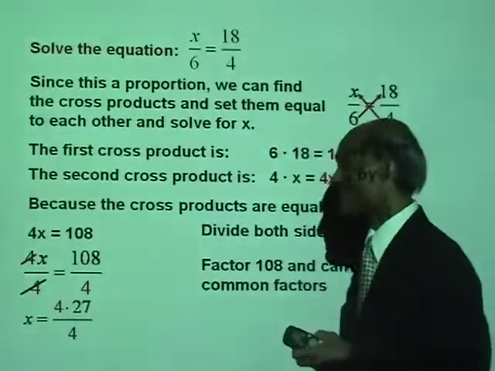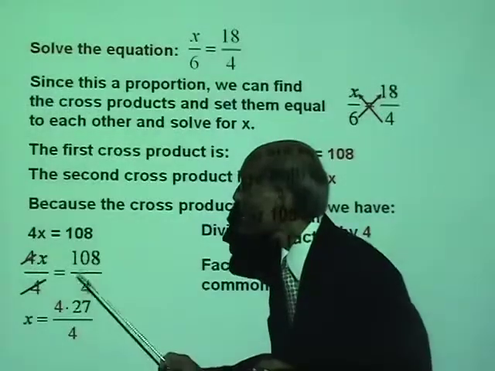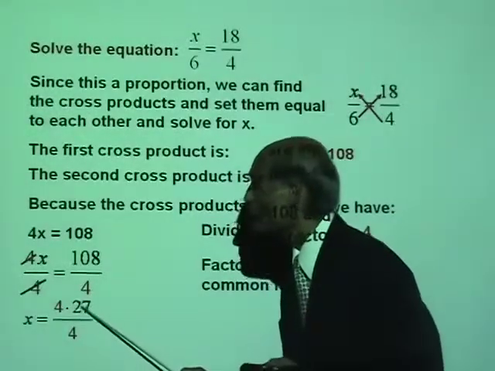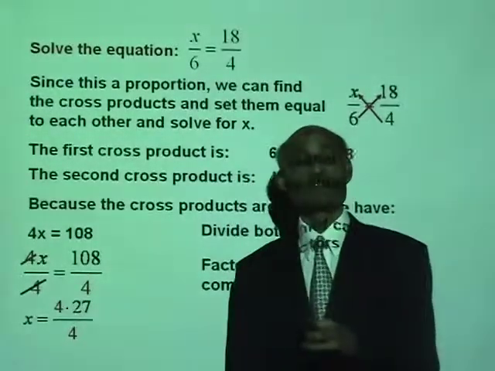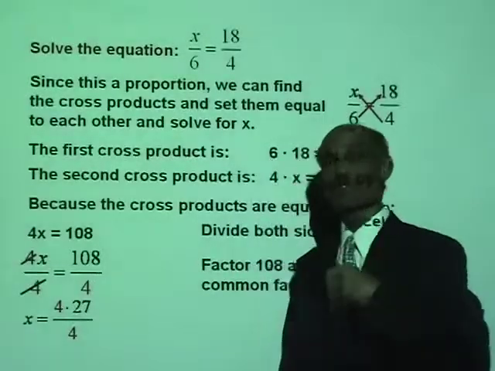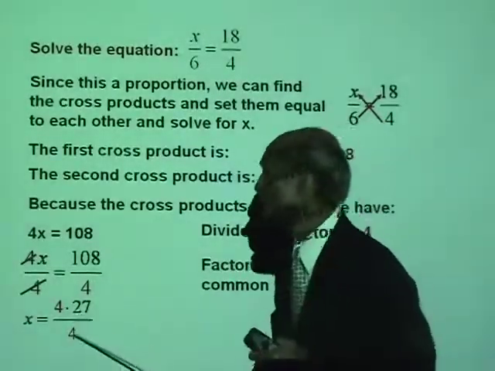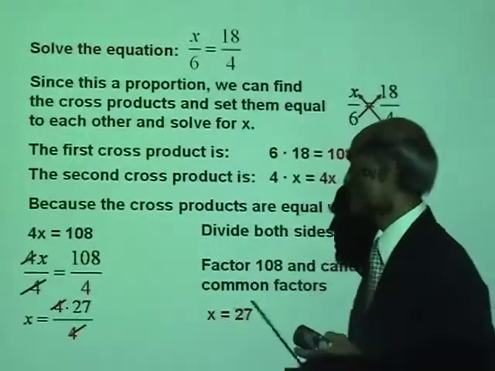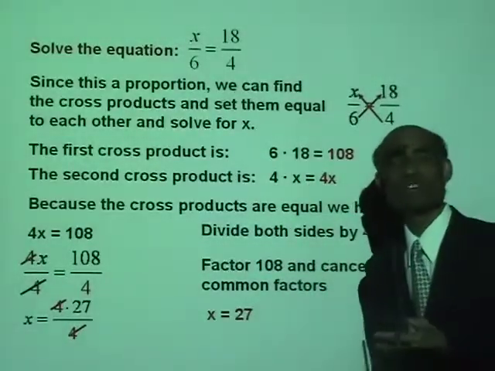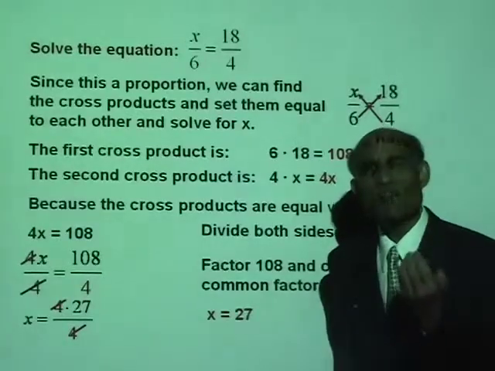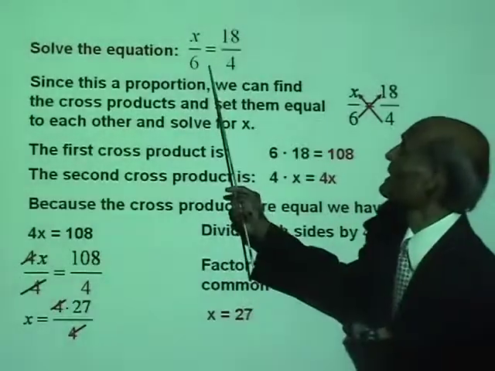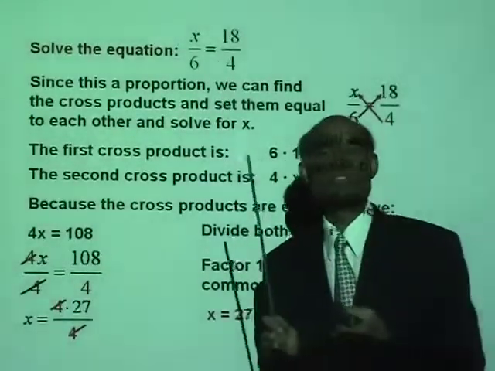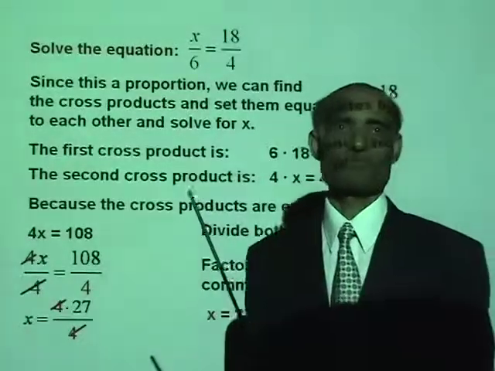Well, you can see 108 can be factored as 4 times 27. 4 times 27 is 108. And 4 and the 4 cancels, x therefore equal to 27. A very clean and efficient way to solve equations like this, using the cross product.